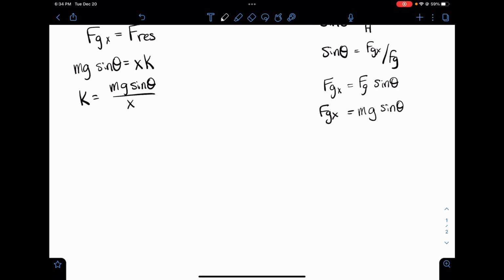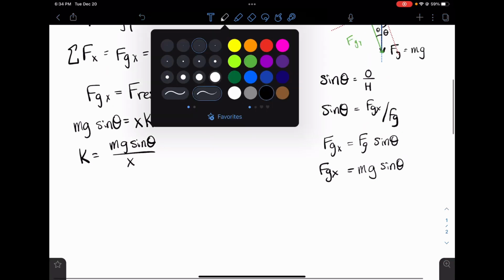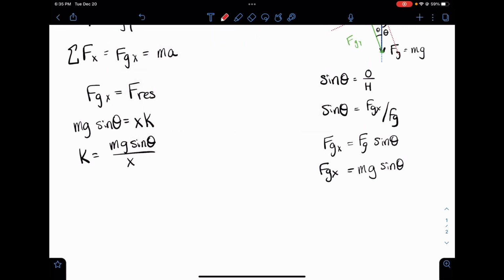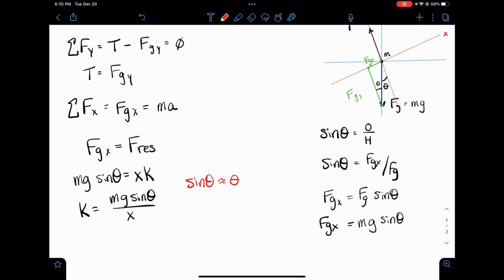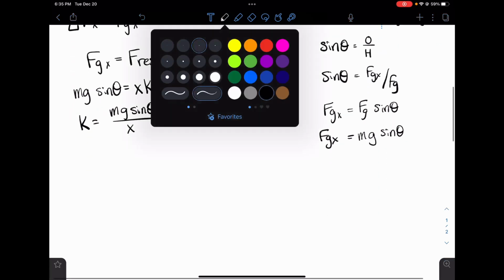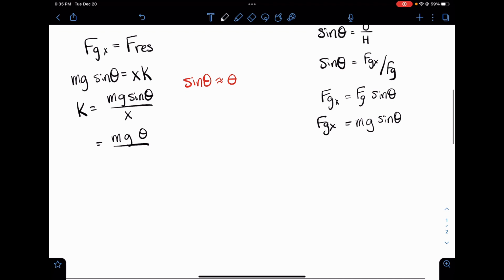Now, what you can do from here is utilize one of our first assumptions. We know that sine of theta is approximately theta when theta is a small angle, usually about 10 degrees. So we can substitute this into our new equation, and we get m g times theta. Another step that we can make is we know that x is equal to the length of the string times sine theta.